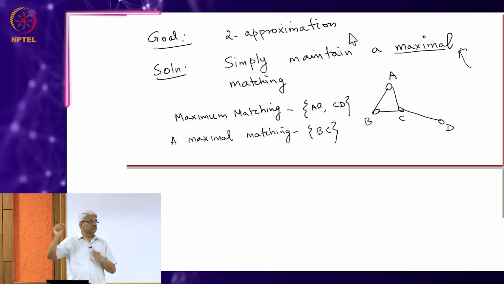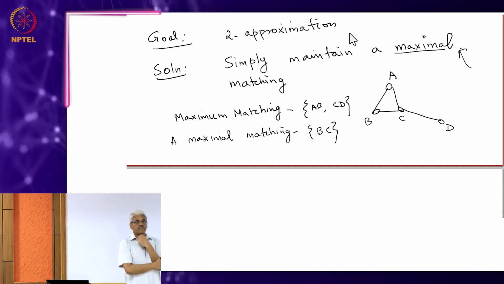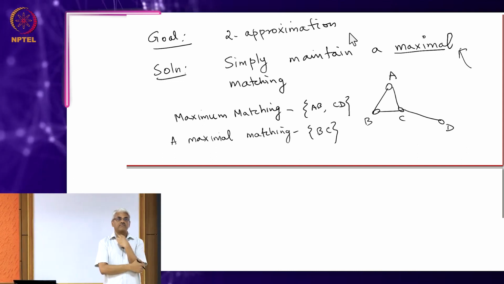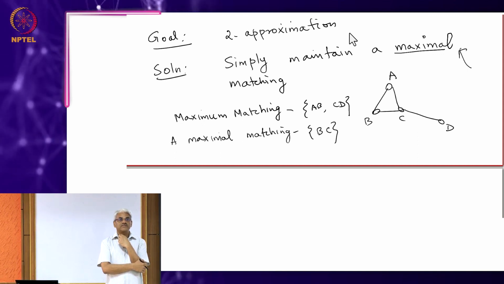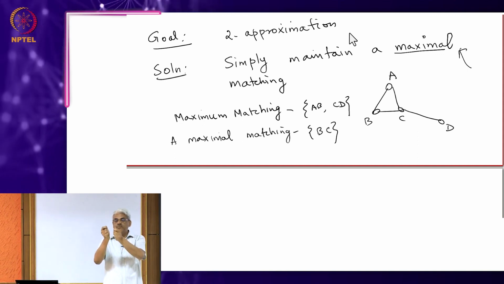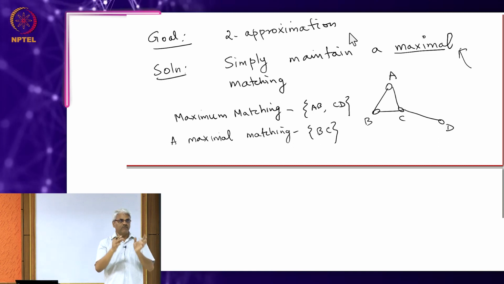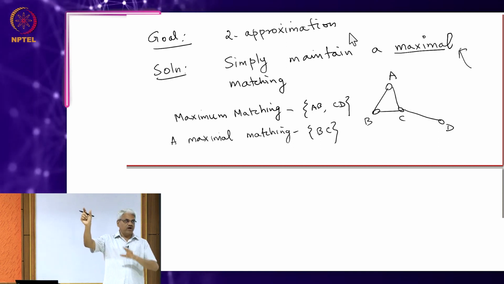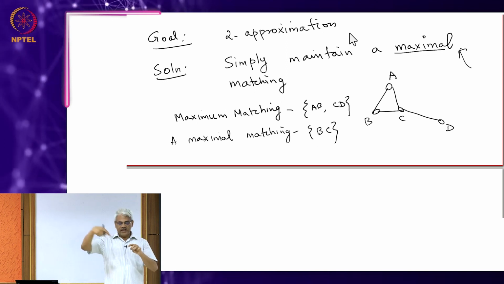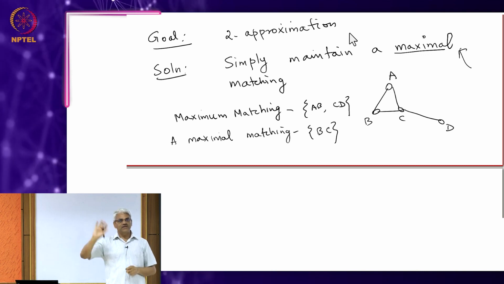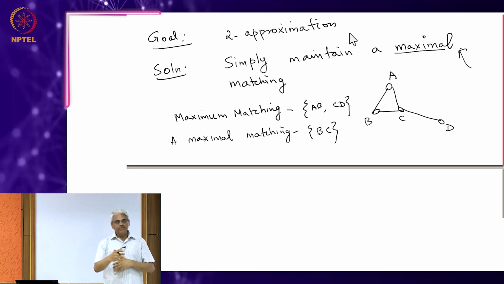What action should I do? Exactly. Otherwise, just add it, right? An edge is coming and the edge may have intersection with the vertices in this graph. If it's completely disjoint from all the edges I have collected, I will add it to my matching. It's another maximal matching. If it intersects one of the vertices in the maximal matching, do not add it. It's a fairly simple, trivial thing to do when a new edge comes, and I maintain this maximal matching.